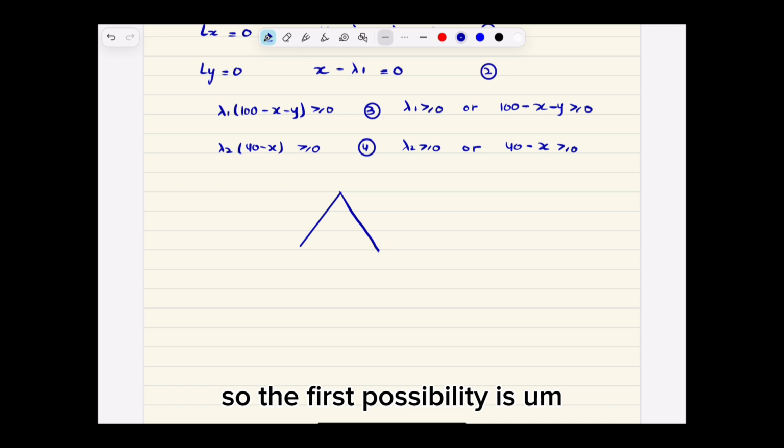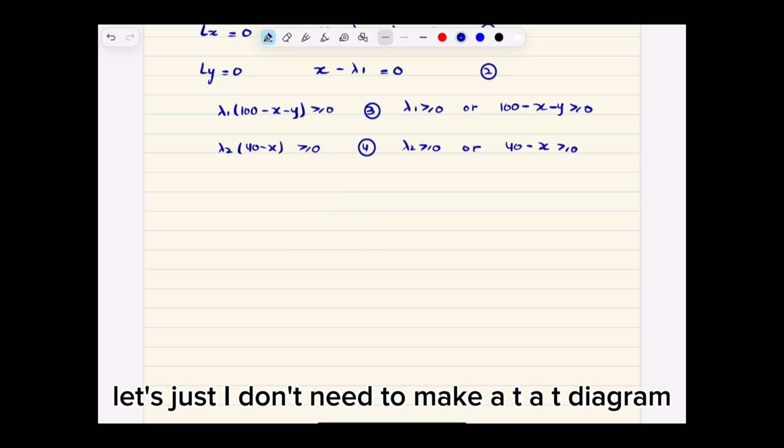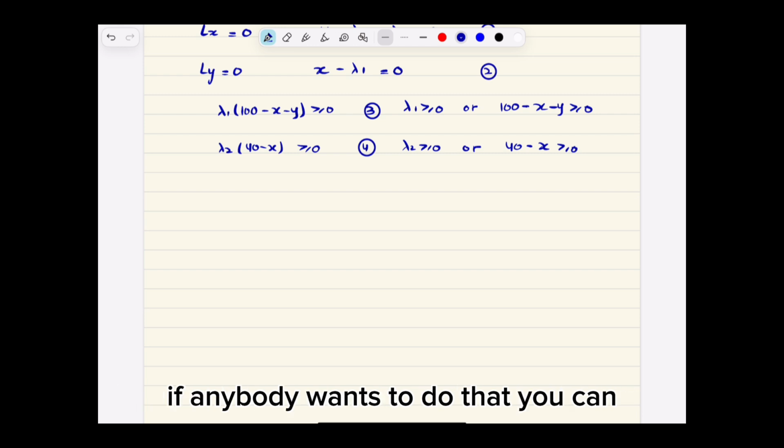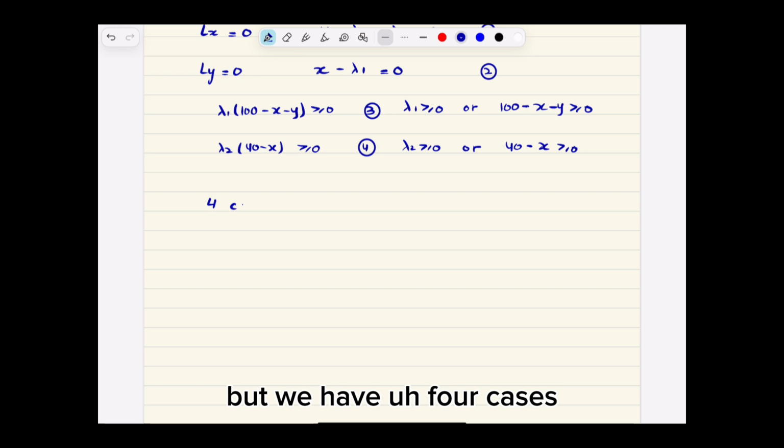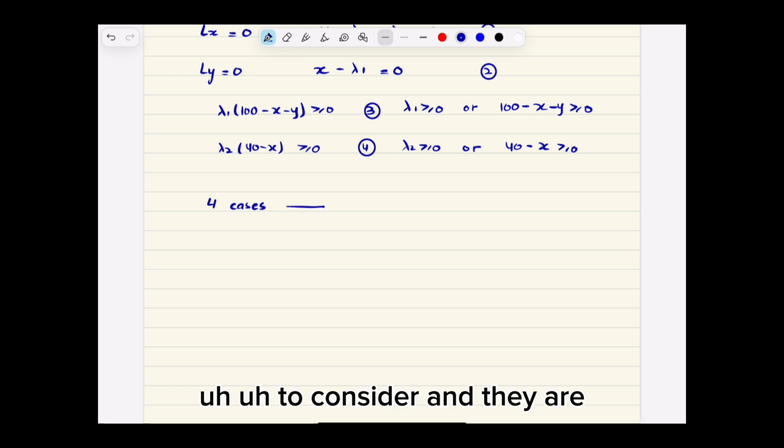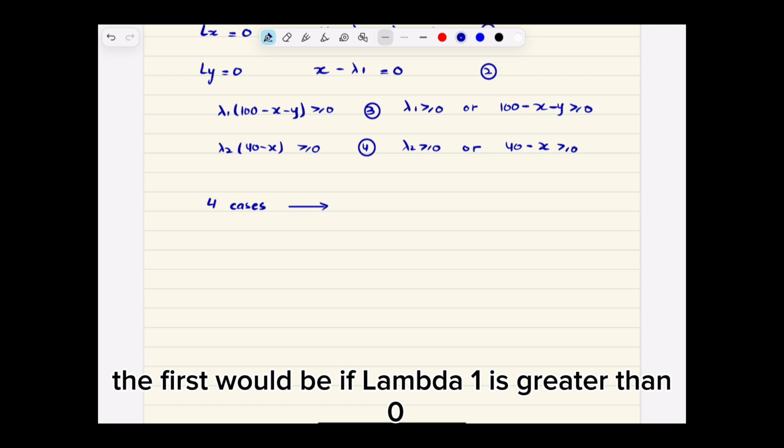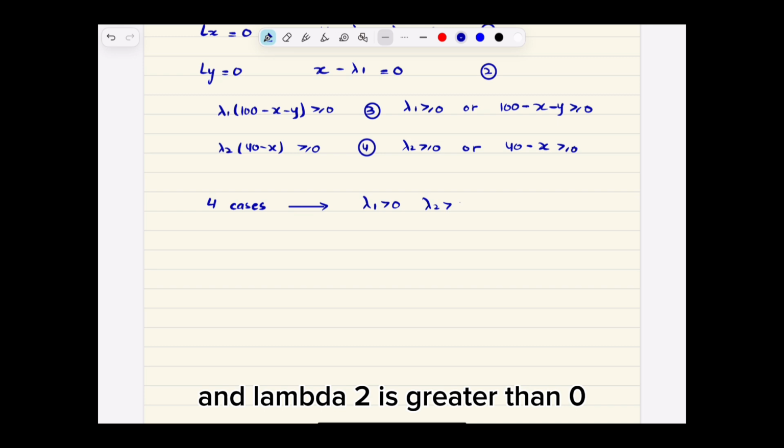So the first possibility is, I don't need to make a T diagram. If anybody wants to do that, you can, but we have 4 cases to consider, and they are: the first would be if lambda 1 is greater than 0 and lambda 2 is greater than 0.